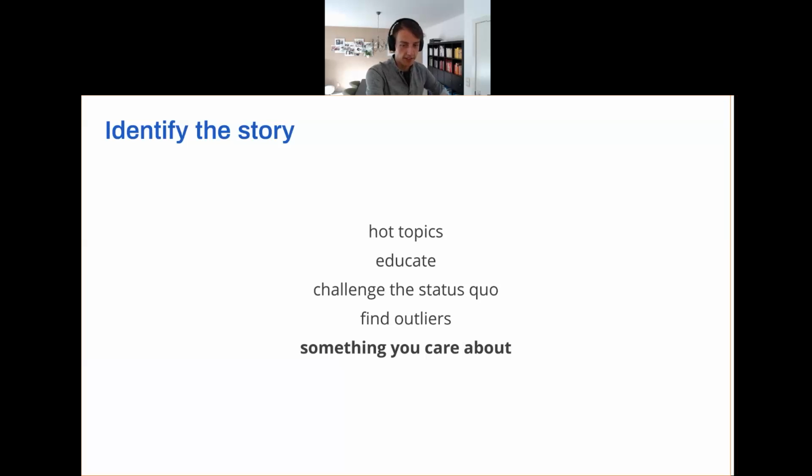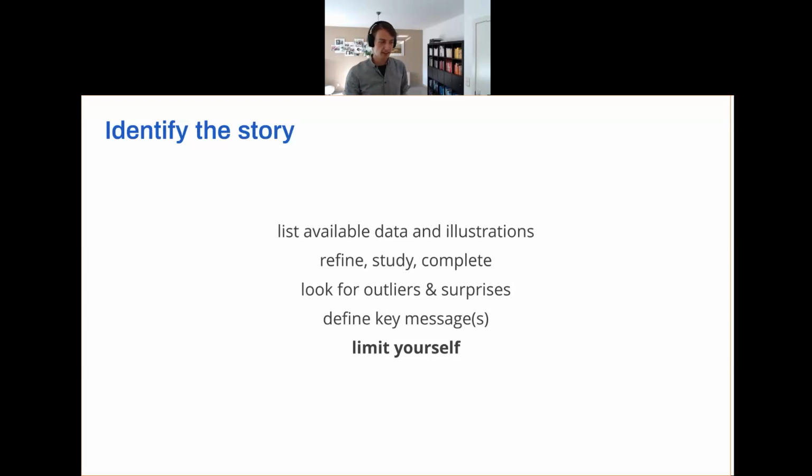And of course, that's why it's in bold. If there are things you care about, and I'm sure that it will be the case with your research, it will always be easier to convey your message and to show your passion about it. So if you create data visuals about your research, where you know a lot about and where you care about, will always automatically have more impact than other data visuals.